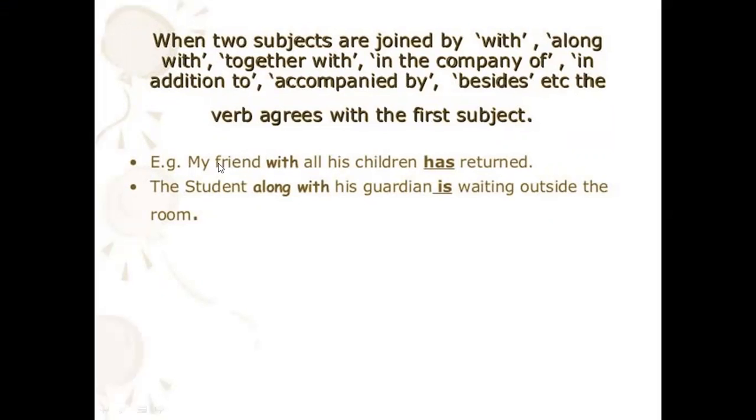For example, my friend with all his children has returned. The student, along with his guardian, is waiting outside the room. So listen, what are the two subjects here? My friend and children. Surely the verb agrees with the first subject.